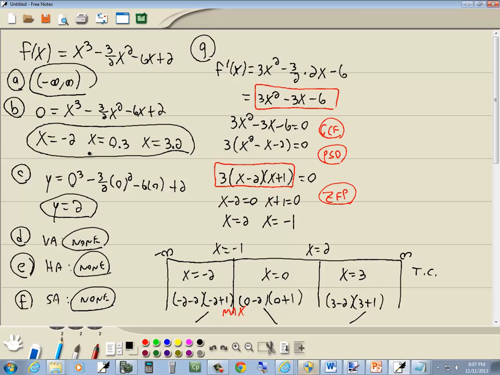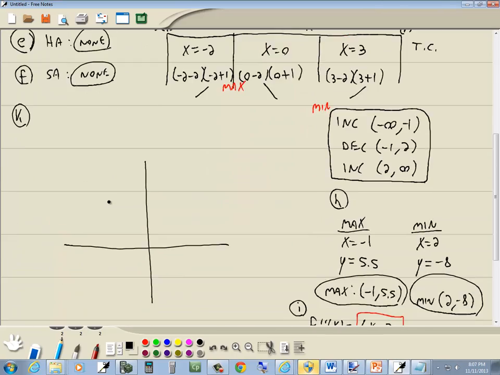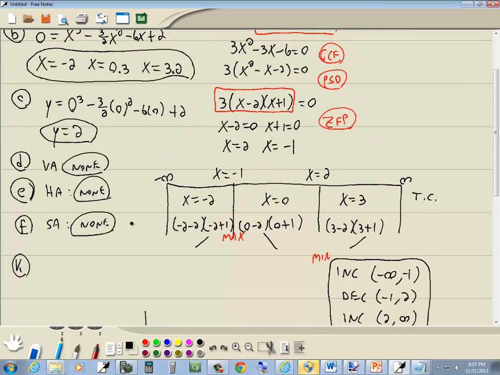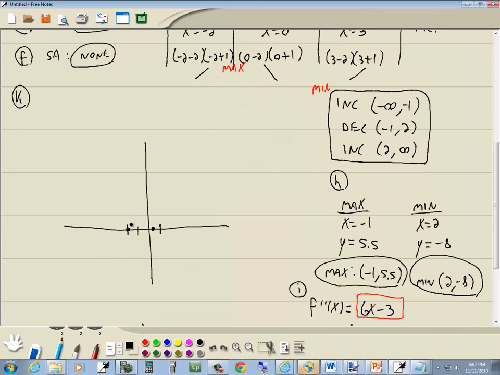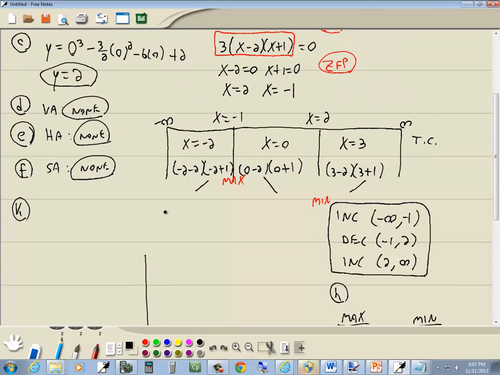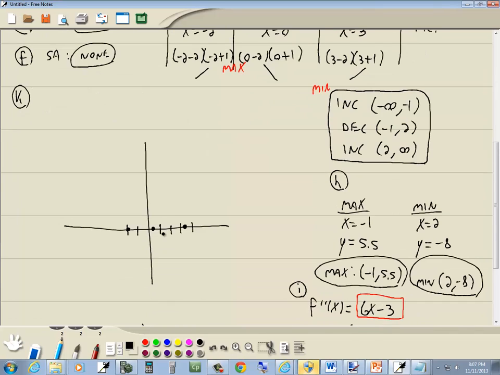Okay, our x-intercepts are negative 2, 0.3, and 3.2. And then our y-intercept would be 2. There's no asymptotes.